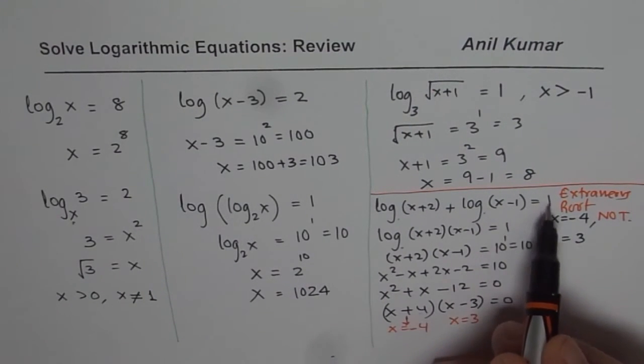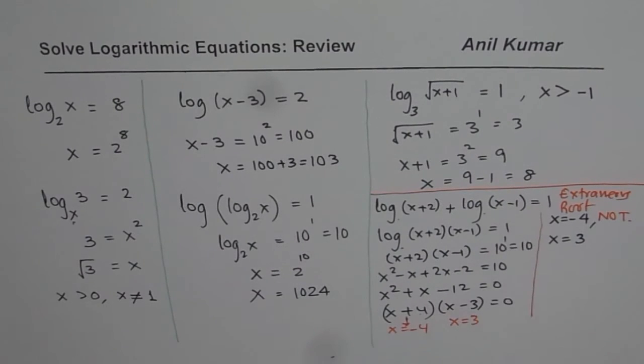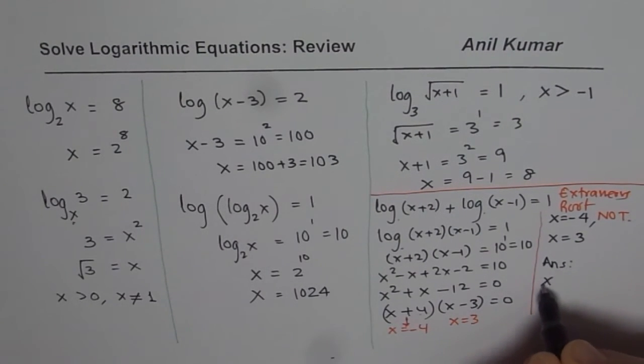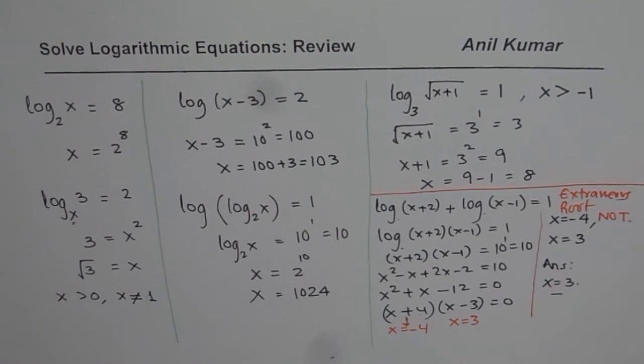And if you evaluate, you will get 1 using this particular equation, correct? So we can now write down that one of the answers is correct, and our solution to this equation is x equals 3.